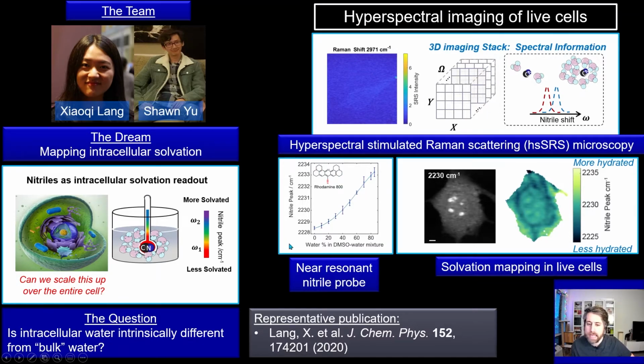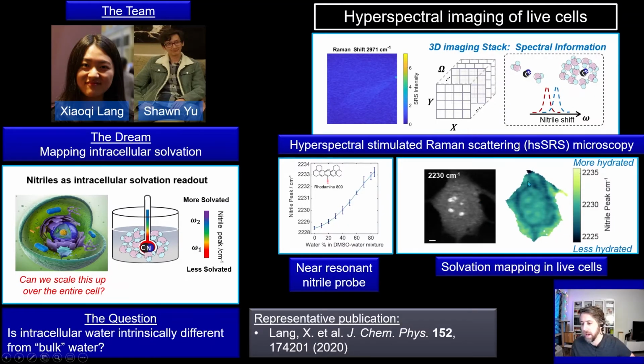And if we add in a probe, so we use this near resonant nitrile probe called rhodamine 800, this gives us a large signal, and it also has the nitrile that allows us to read out the solvation. And what Xiaoqi has been able to dig out here is that when we map these nitriles, so this is just an image of the nitrile distribution within the cell, we can see that there is a definite heterogeneity in the degree of solvation depending on the localization within the cell.